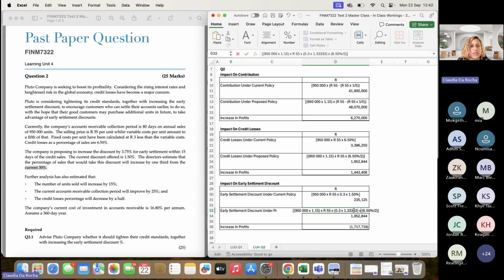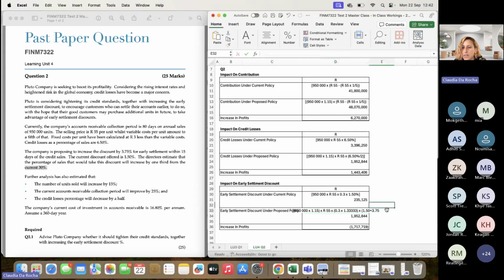And they also said to us that the discount, they will be increasing it by 3.75. So it will be the 1.50 plus the 3.75. Okay, I'll just drop this so you can see.